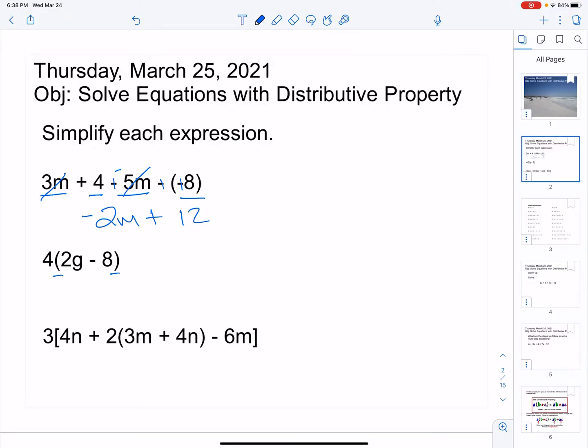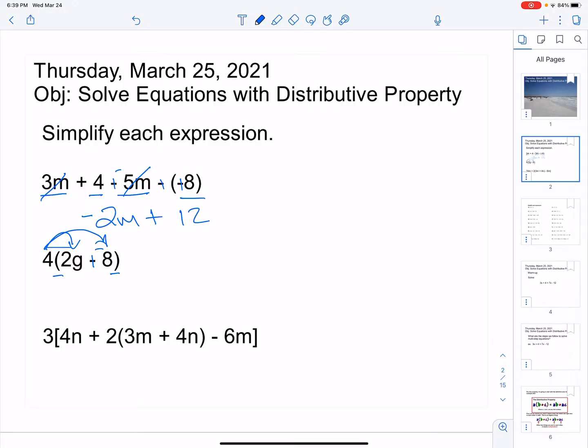Okay, so the first thing I would do is change this subtraction to addition next to its opposite. And now the distributive property says that we're going to take this 4 and pass it out to each member of the parentheses, because that's what the distributive property is. I call it the pass out property because we're just passing that 4 out through multiplication to each member of the parentheses.